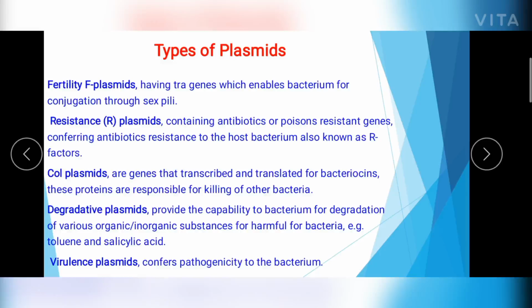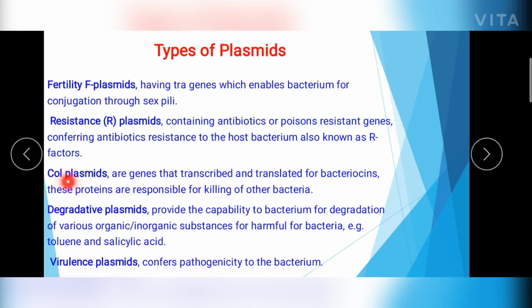So in nature, different types of plasmids are present in bacteria. The first one is the F plasmid. It contains fertility factors and promotes conjugation in bacteria by the formation of sex pili. The second one is the resistant plasmid, that is R plasmid, and it gives antibiotic resistant property to the host cells.